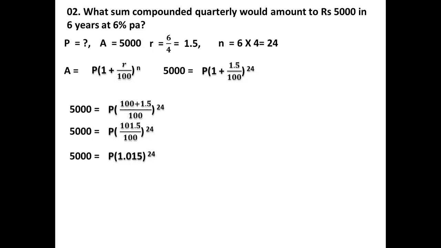Now you apply the log. Log 5000 is equal to log P plus 24 log 1.015.